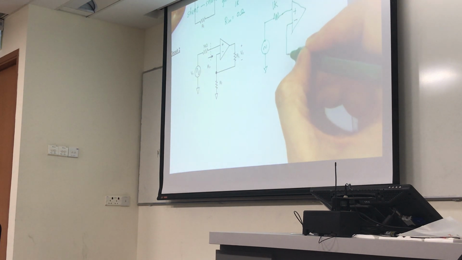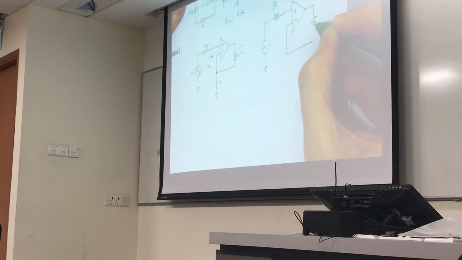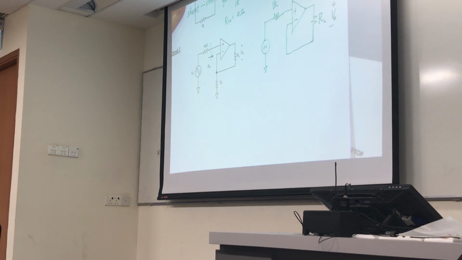All right, if the feedback impedance is infinite, then it goes around like that. Which one of these circuits do you think has more feedback? The circuit on the left or the circuit on the right?